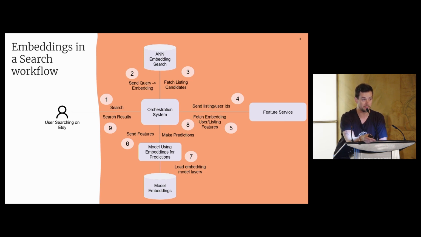Some of those features will be embeddings themselves. So for a listing review, we might have an embedding. We need to get all of those different embedding-based features for all of those different listings. Finally, we'll send that off to our ranking model, which might also have embedding layers in it. So we might have to load those into memory using embedding features, make predictions, rank those listings, and then return them back to the user. But the fundamental point here is that embeddings are everywhere and only increasing in their pervasiveness. That's a good word.